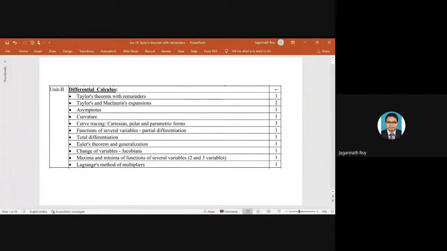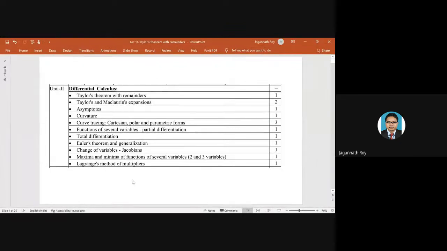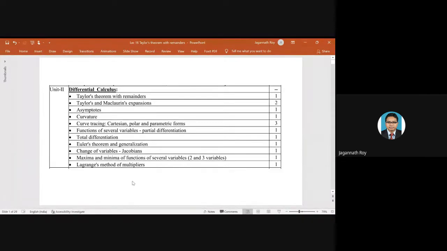So we continue our discussion on calculus, which is our unit 2. Okay, so a total of 14 lectures are allowed.